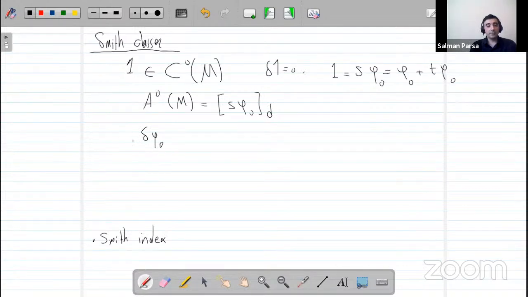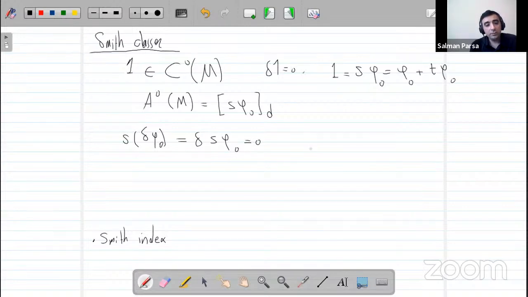If we compute S of the coboundary of phi naught, this will be the coboundary of S of phi naught. And because S of phi naught was 1, a cocycle, this is 0.